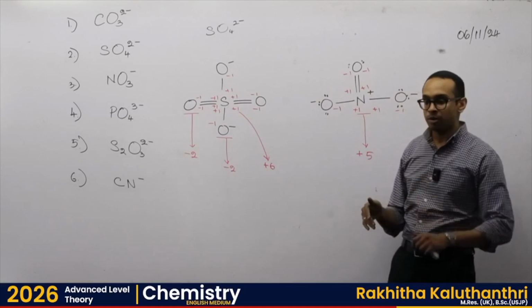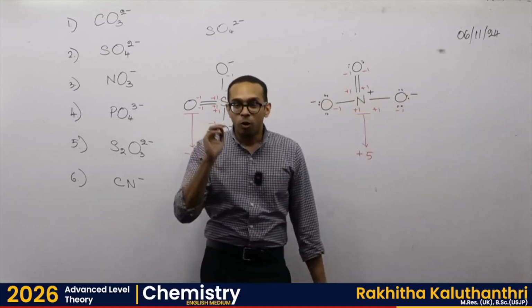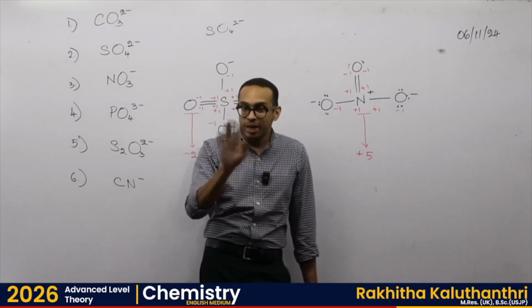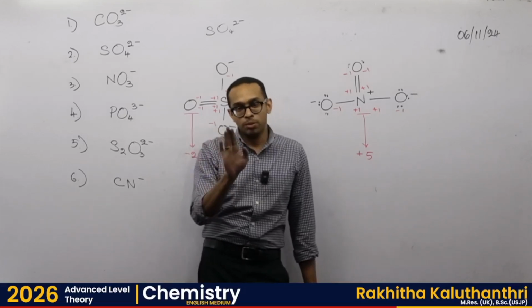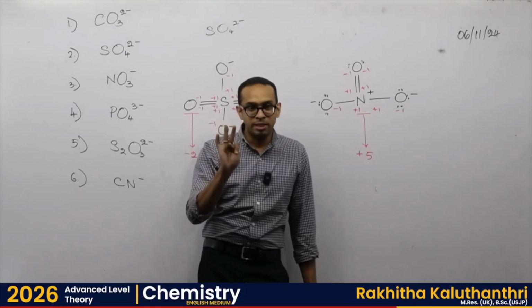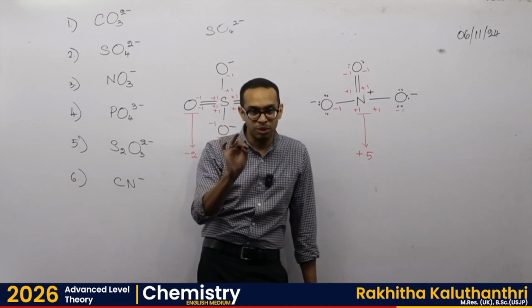After the break I'll talk about some rules. In those rules we say oxygen is always minus 2, and there are a few exceptions, and those exceptions are usually referred to as peroxides, superoxides, and when oxygen is bonded to fluorine. So those are the only 3 exceptions.